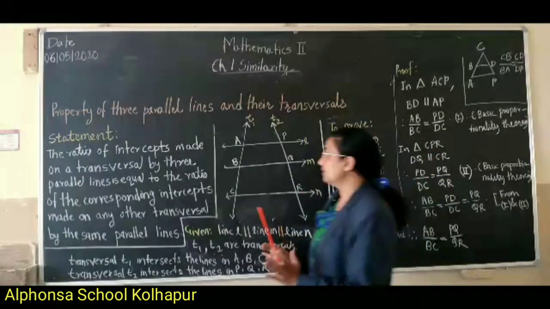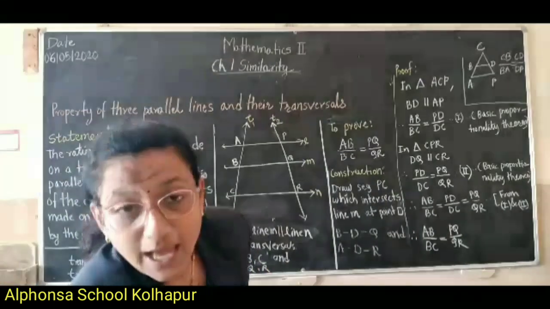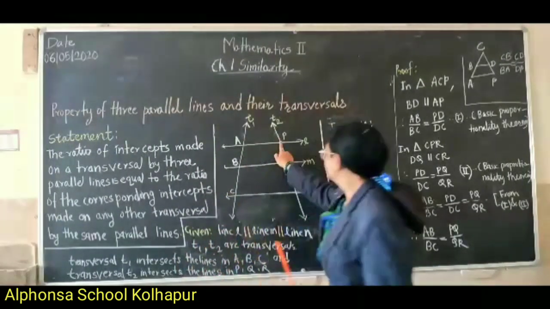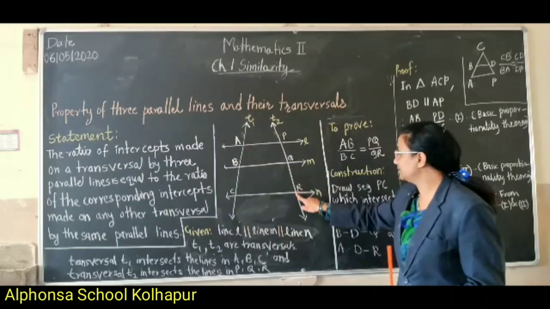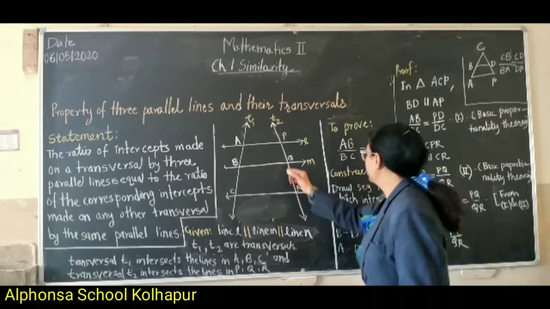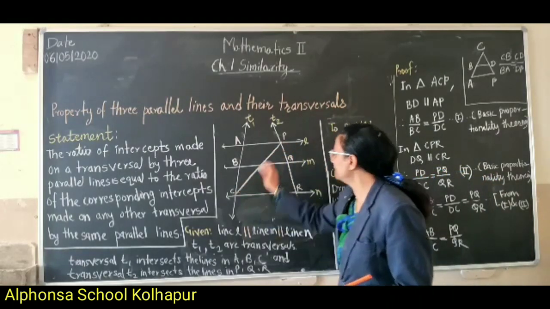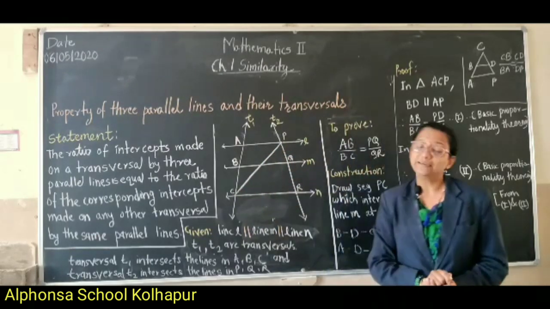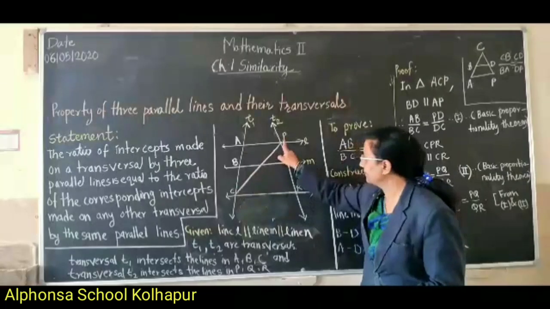Fine. Now we go for some construction. What construction do we do? Either we join P to C or we join A to R. As given in the textbook, I am going to join P to C, so that we get segment PC. Now just see, here we have got one triangle.